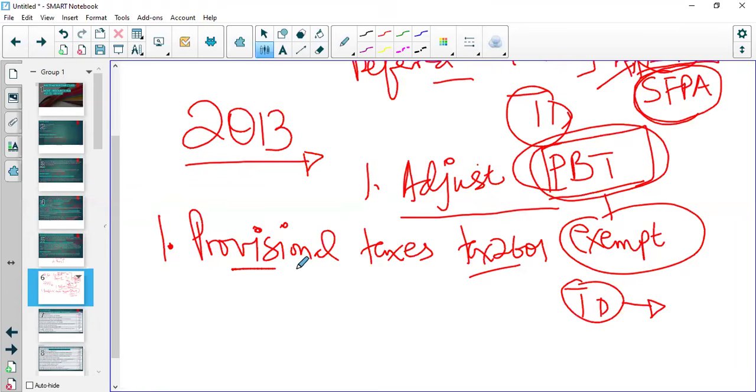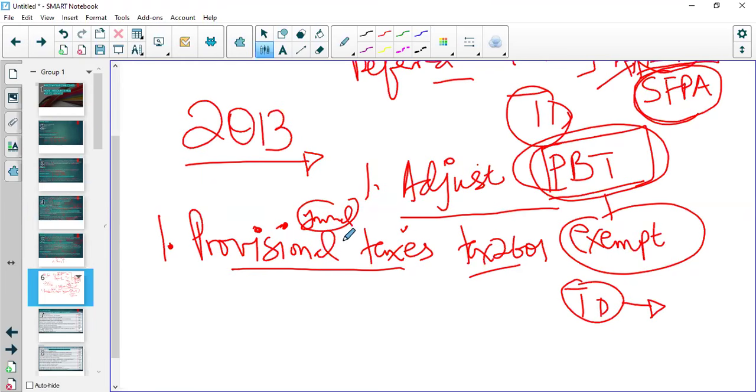So provisional taxes is a method of collecting taxation from companies. So companies pay every 6 months or whatever arrangement there will be, anticipating that they will incur current tax later in the future. So they pay provisional taxes during the year against their future income tax obligations. Okay, so you need to know the journal entries for provisional taxes.